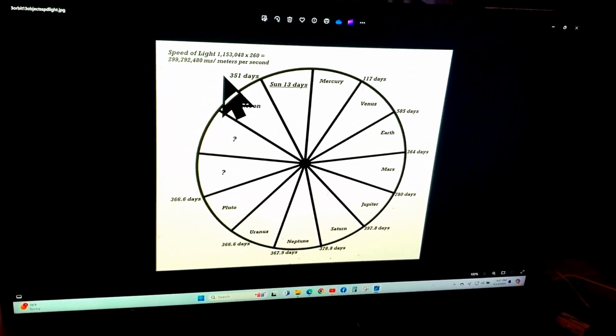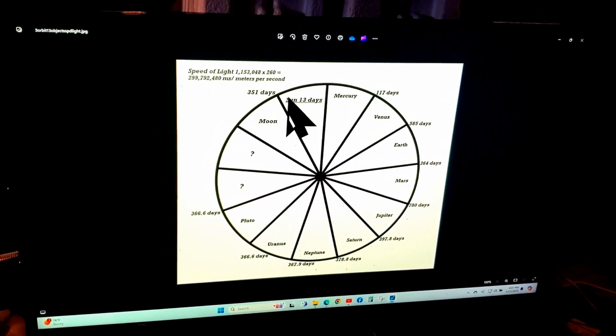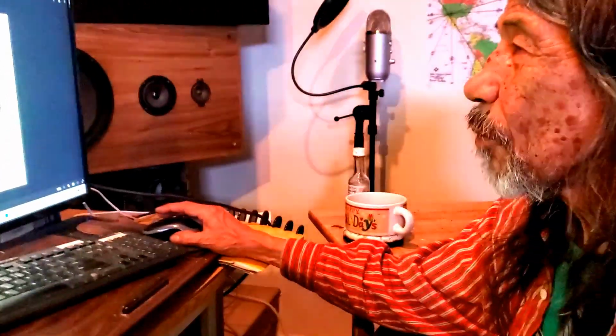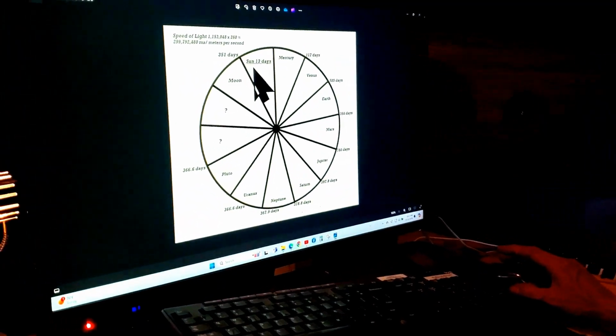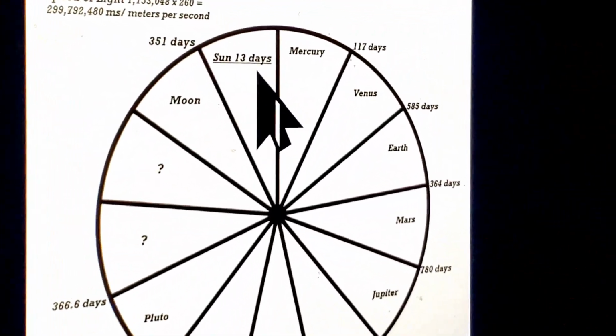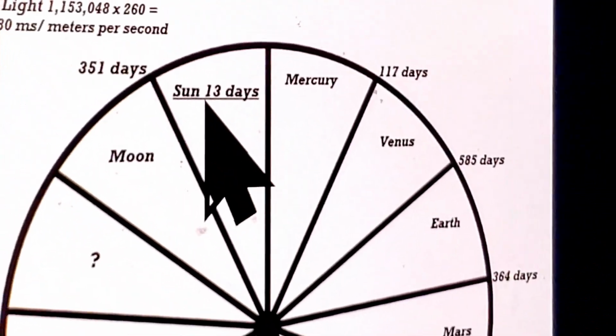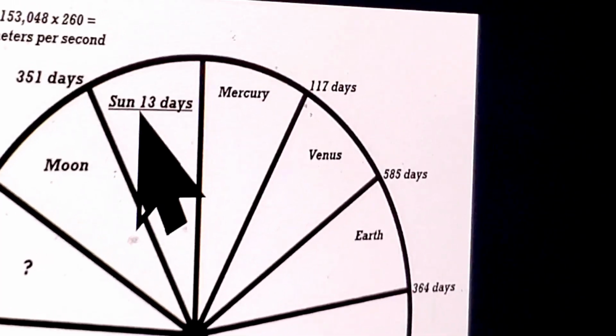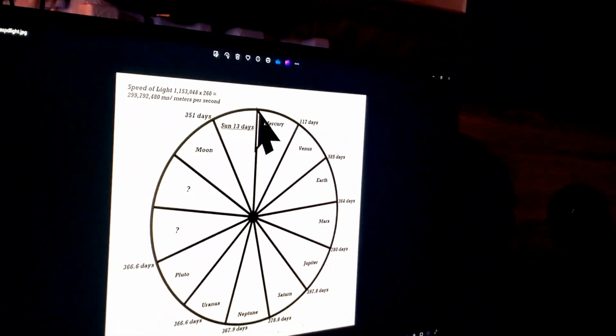And now I was telling you that even the sun is in this thing. There's the sun. Colleen could verify this. What cycles of days does the sun work in, Colleen? It issues a solar flare regularly every 13 days. There it is. Sun, 13 days. And what does that mean? That means that on my planetary pie, this is the cycle of the sun as it goes through this cycle. It starts here.